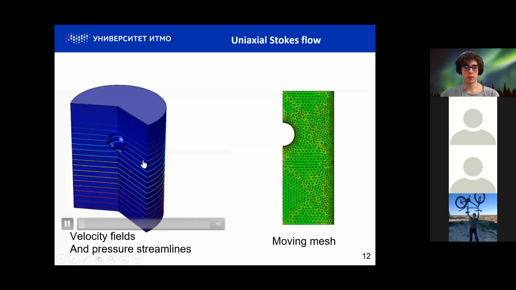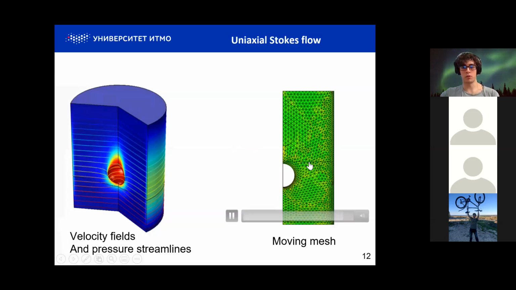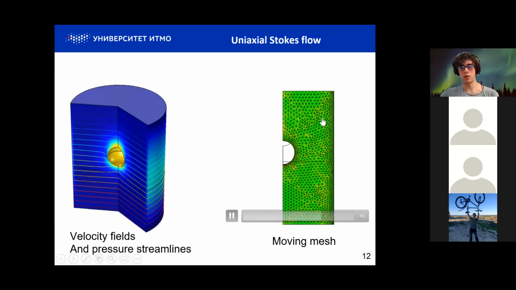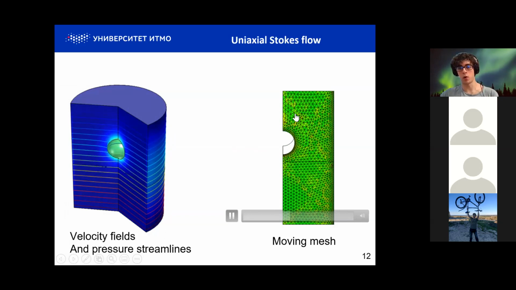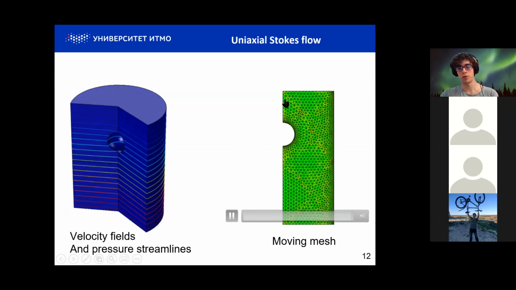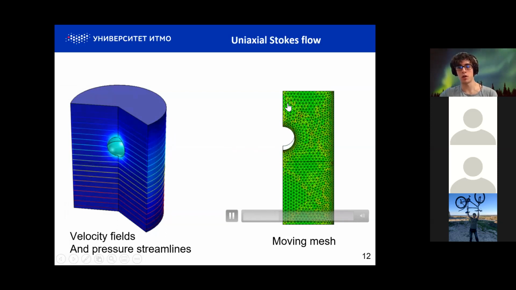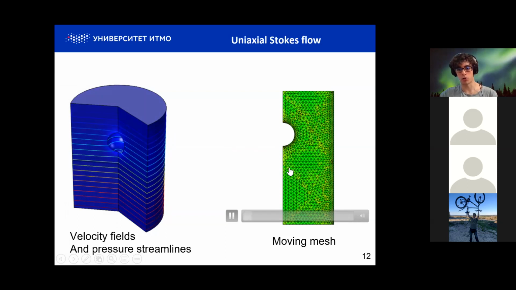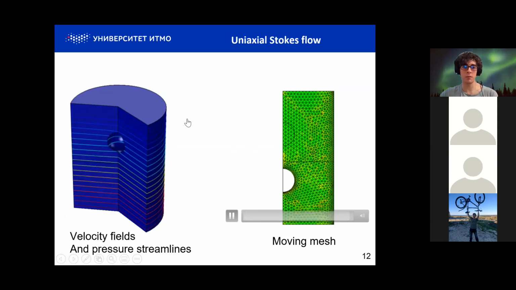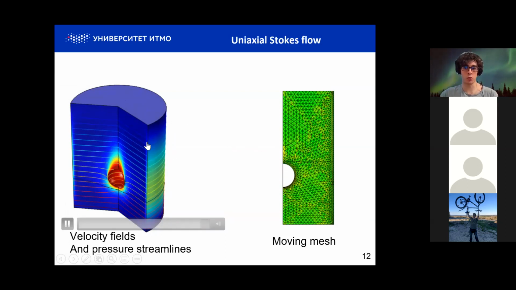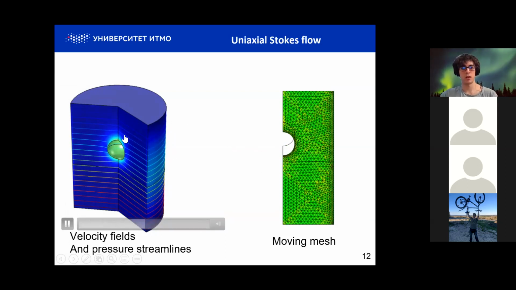So these would be the results. On the right, you see what happens with the mesh. You solve the Navier-Stokes equation, you solve the force balance, and then you change your mesh accordingly. And at the same time, you can solve the Navier-Stokes equations in the new mesh.